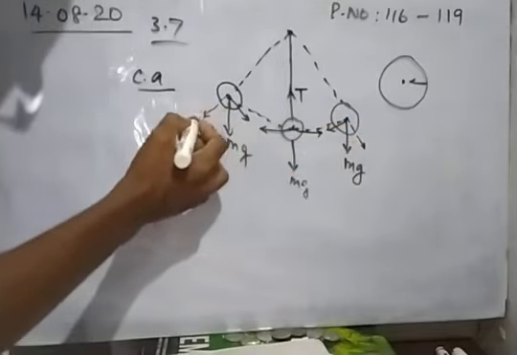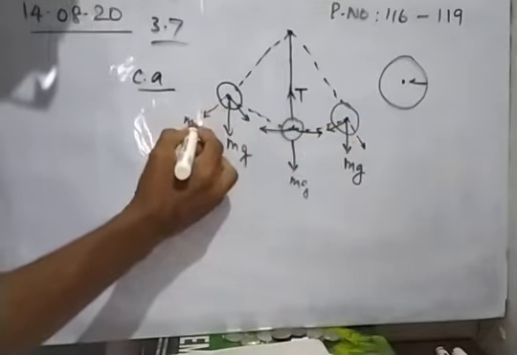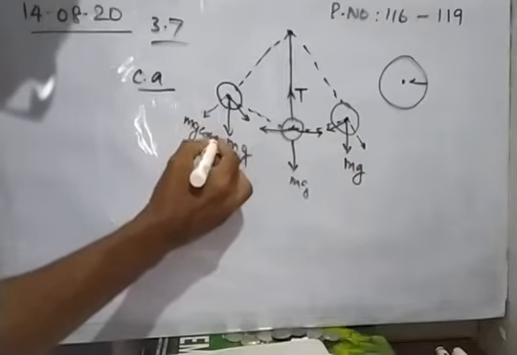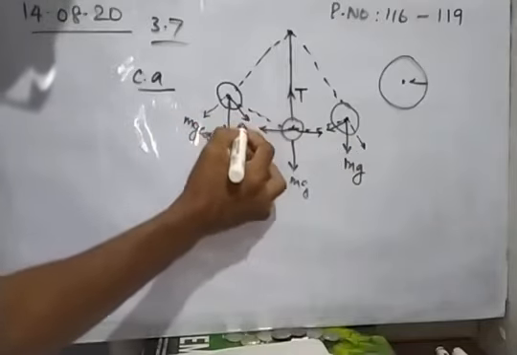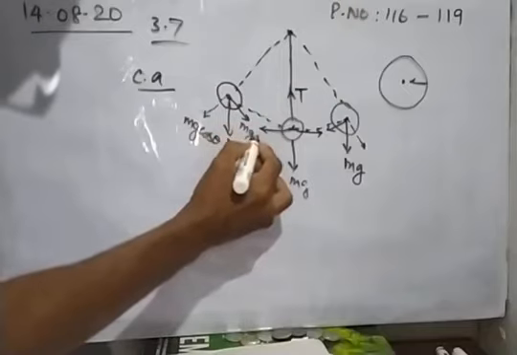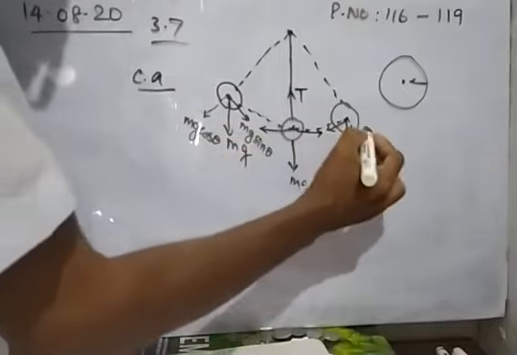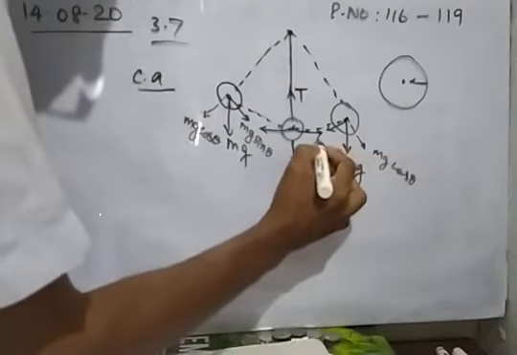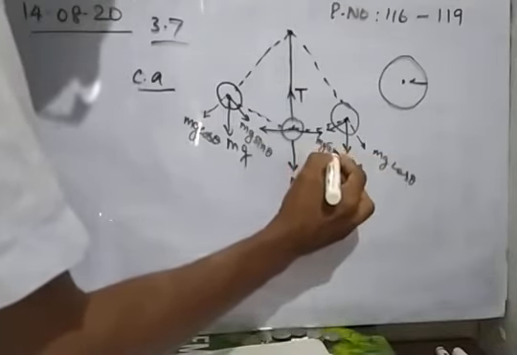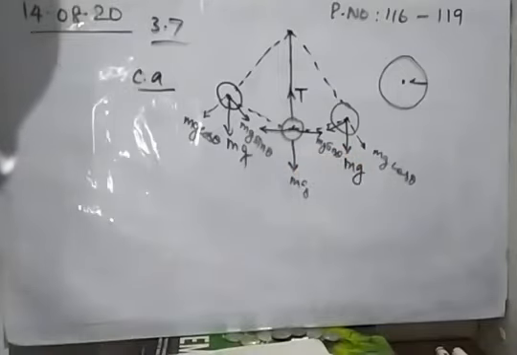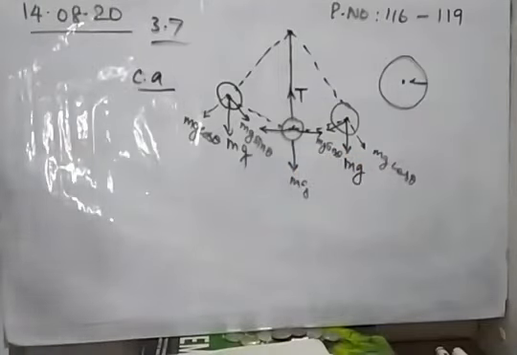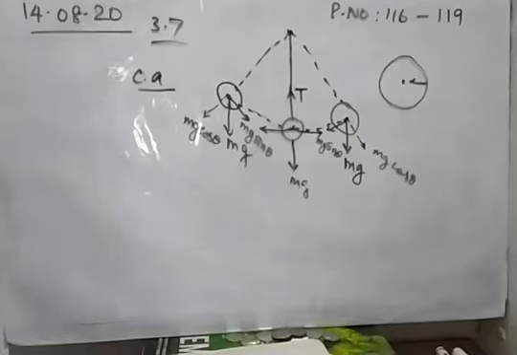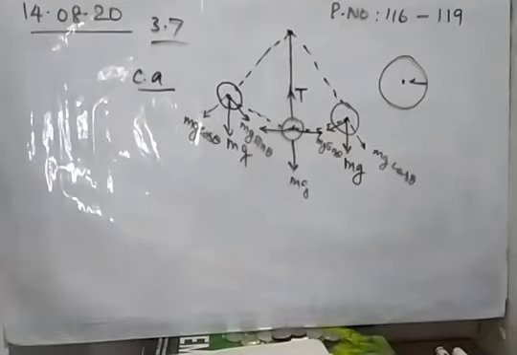Along the string it is given by mg cos theta, and in the perpendicular direction the force is given as mg sin theta. So the gravitational force can be resolved into two components: mg cos theta and mg sin theta.